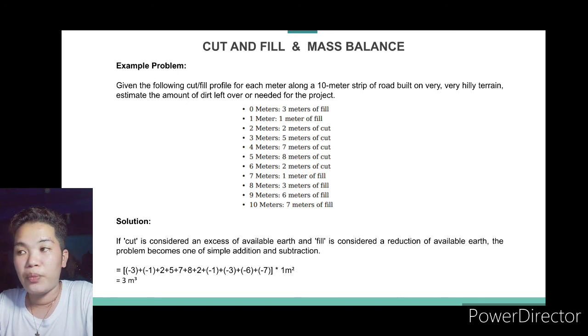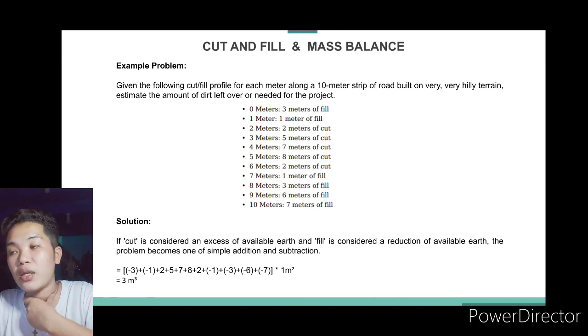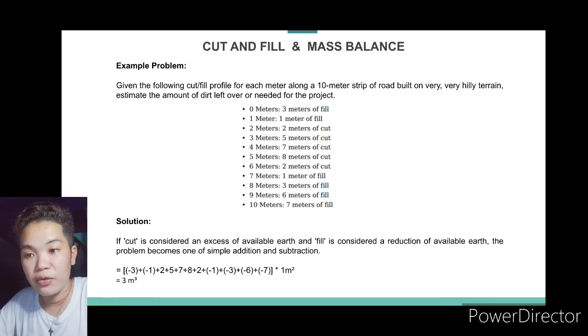So, like what I've discussed, when we say fill, we use a negative sign to represent the fill and a positive sign to represent the cut. So we use a negative sign for fill since it's a reduction of the available earth, and a positive sign for cut since there's an excess of available earth.